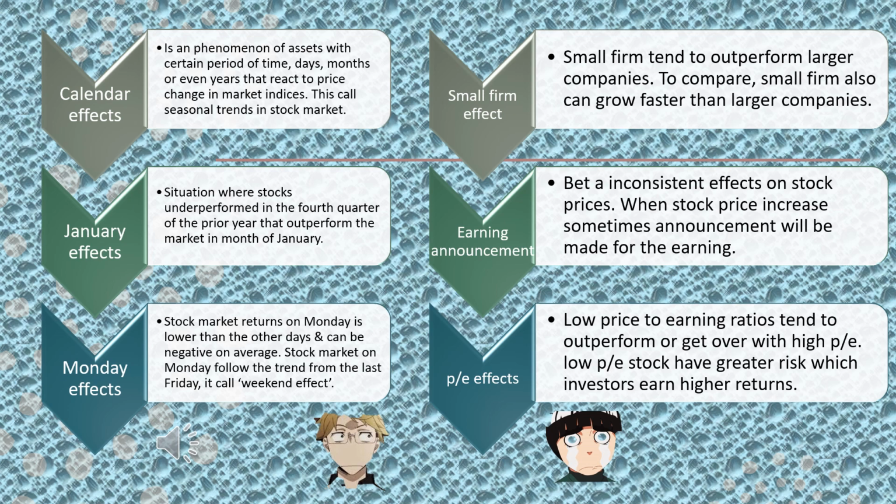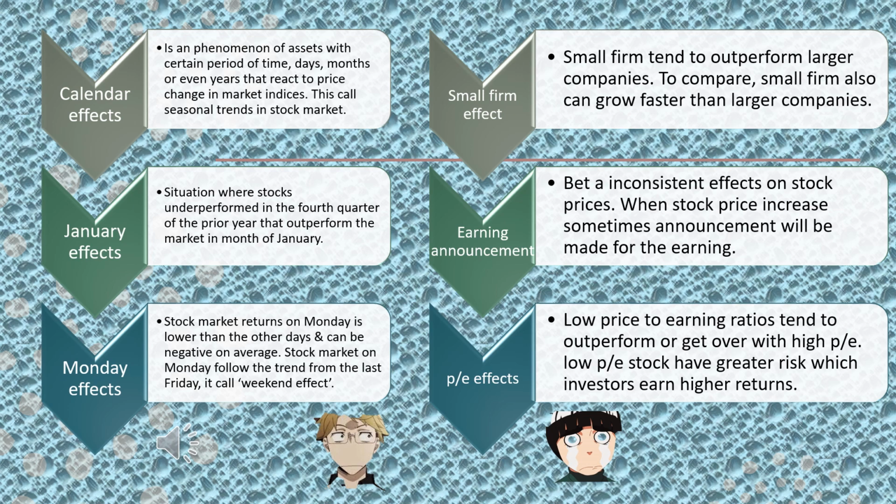The second last is earnings announcements. Earnings announcements have inconsistent effects on stock price. When the stock price increases, sometimes an announcement will be made for the earnings. And the last one is the PE effect, or price to earning effect, where low price to earning ratios tend to outperform high price to earning ones.